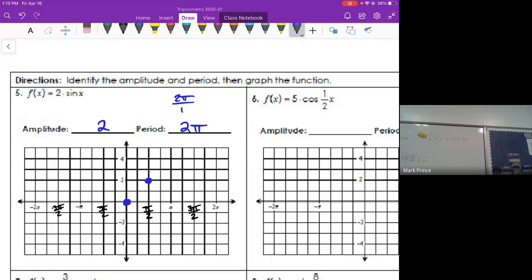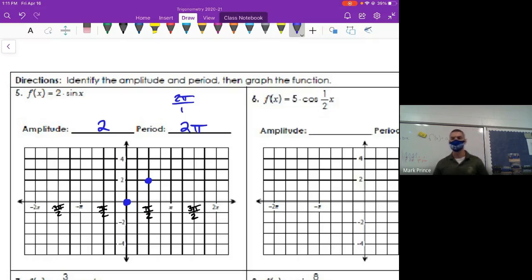This one is negative 3 pi over 2. The pi tick marks are bigger, so negative 2 pi, negative 3 pi over 2, negative pi over 2, 0. It's the same thing on the other side, just positive.